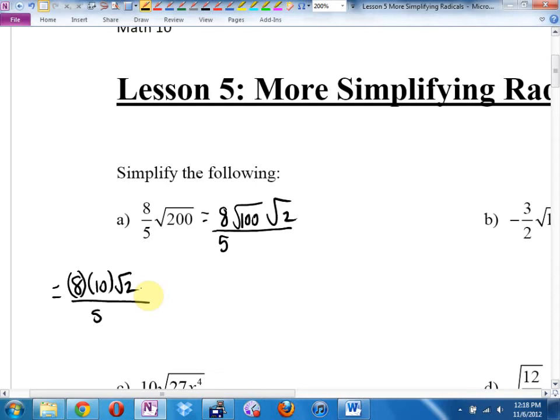In the front there, what is 8 times 10? 80. And what's it being divided by? 5. You're not going to divide the 5 into the root. We don't divide roots by numbers. We divide roots by roots. We divide numbers by numbers. So what is 80 divided by 5? 16. This ends up being 16 root 2.